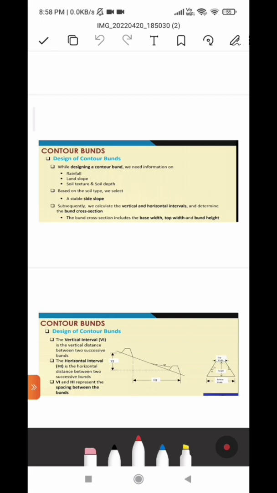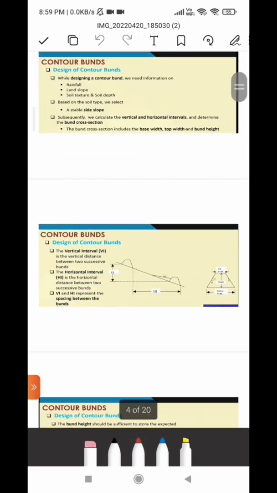For making a stable cross section, we're going to talk ahead about what kind of slope we require for these different kinds of soil. For designing the contour bund, we need to calculate the vertical and horizontal intervals, and then determine the cross section area. The cross section area includes the base width, top width and the bund height.